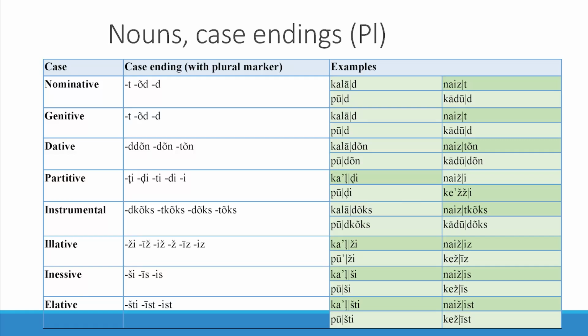Okay, and here is the table about the plural, the case endings together with the plural marker. Sometimes it is difficult to tell which is a case ending and which is a plural marker, like where does this line go?